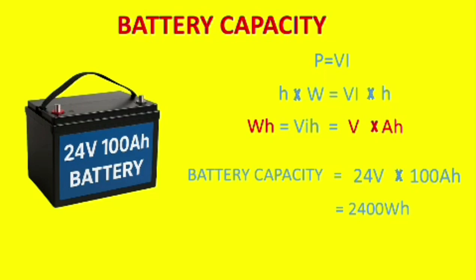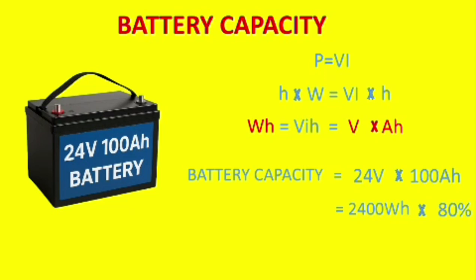Usually a lithium ion battery can only discharge until 20% of battery capacity, which means we can use 80% of the battery capacity from the whole power.